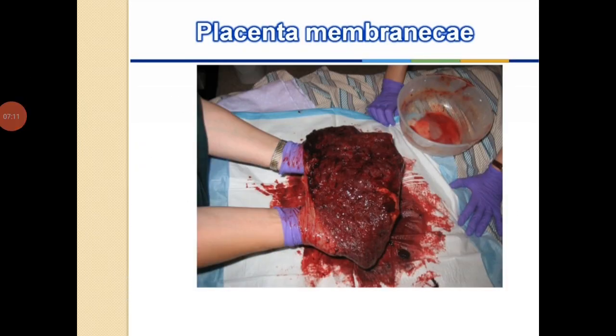In this condition, the margin of the placenta or membranes will be the same, but the lobes or inner part will be separated. In fact, it is one placenta divided into two or more parts, either completely separated or joined in parts.